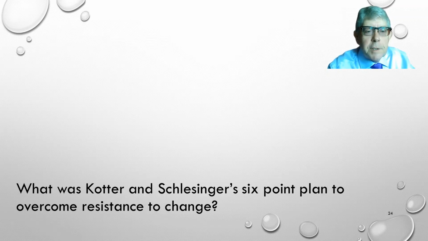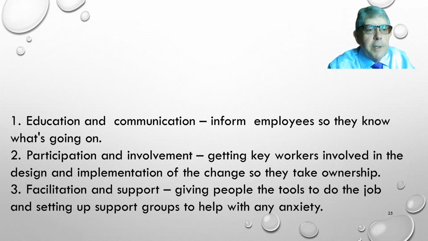What did Kotter and Schlesinger's 6-point plan say about overcoming resistance to change? Firstly, education and communication. Inform employees so they know what's going on. Number 2, participation and involvement, getting key workers involved in the design and implementation of the change so they take ownership.